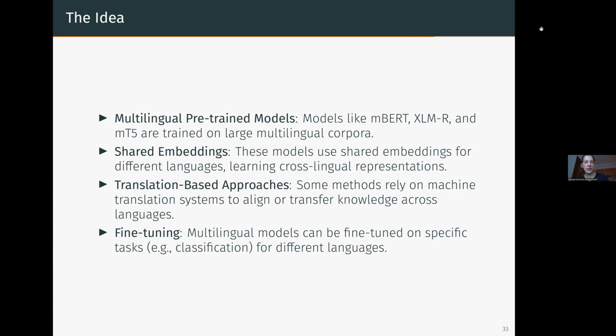Nowadays, with multilingual pre-trained models like mBERT and XLM-R, we can do analysis on multiple languages at the same time. They can use shared embeddings. So we can have different documents in different languages, and the model can figure out whether certain words mean the same in different languages.